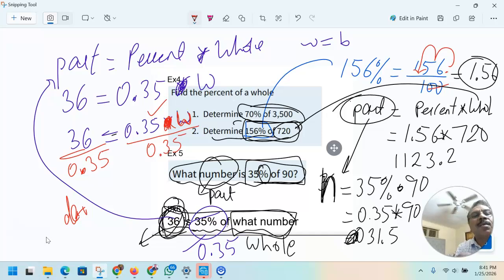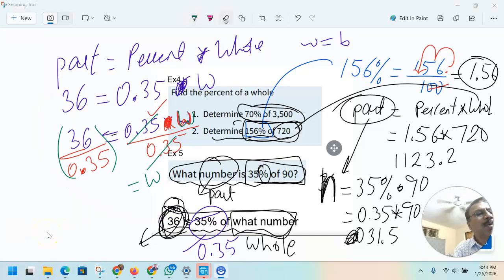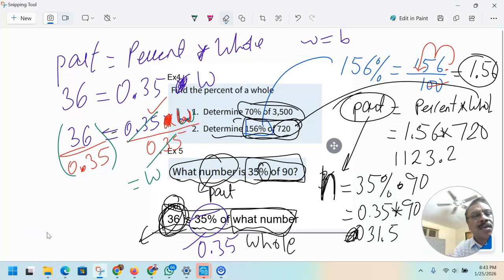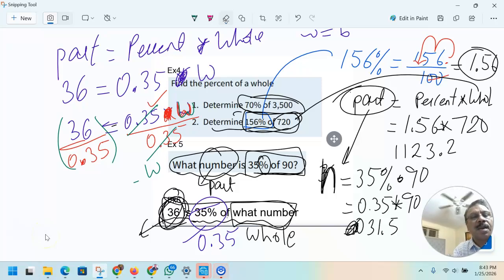What happens is the 0.35 divided by itself gives 1, and W remains. On the calculator, you divide 36 by 0.35, and the answer you end up getting is 102.857.